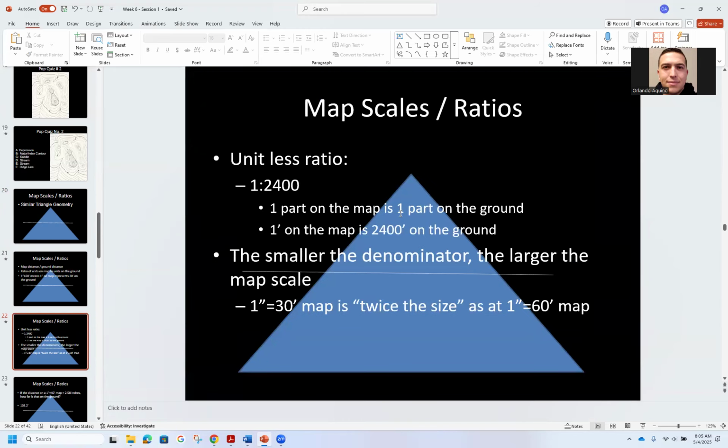That's the same representation of a map scale. At 1 to 30, you're enhancing the smaller details, whereas at 1 to 60, you're trying to fit more into the map, more data or information, or maybe the size of the area itself requires 1 to 60, where a 1 to 30 is a smaller area that you're mapping or labeling.